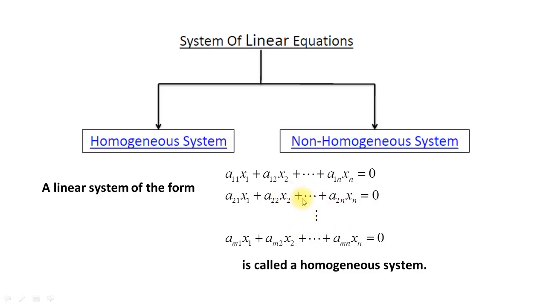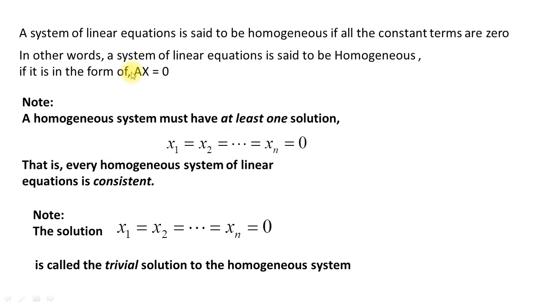Note that in non-homogeneous linear equations, if the constant term is 0, then the non-homogeneous equation will be a homogeneous equation. A system of linear equations is said to be homogeneous if all the constant terms are 0.